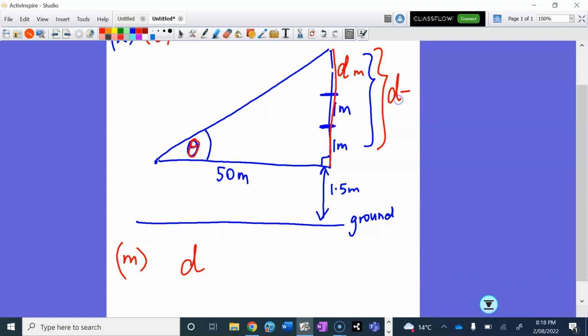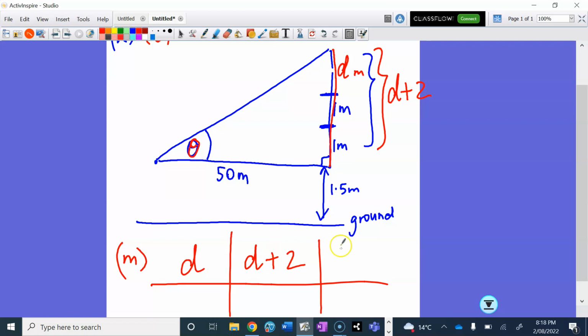So this D plus 2 value here, whatever D is, obviously alters the size of D plus 2. So we've got a D value, a corresponding D plus 2 value for the size of the edge of the triangle there.